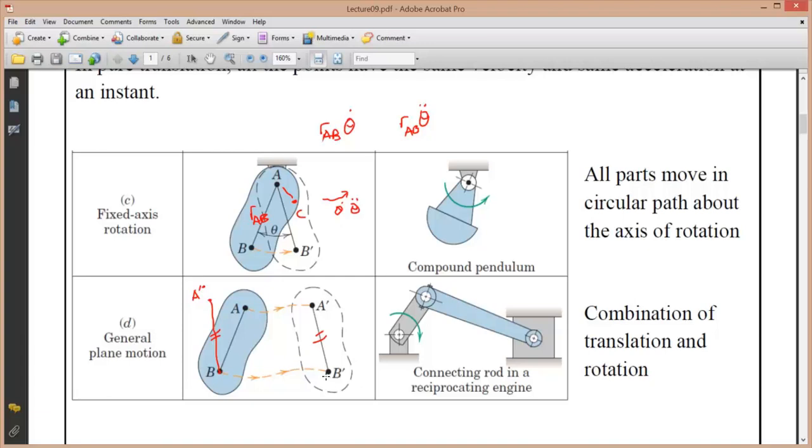However, we can choose a different way of investigation. I will do a theta amount of rotation, by the way. We can do a different scenario to investigate the same type of motion. First, we can move from A to A prime, for example, and then there is our B double prime location.